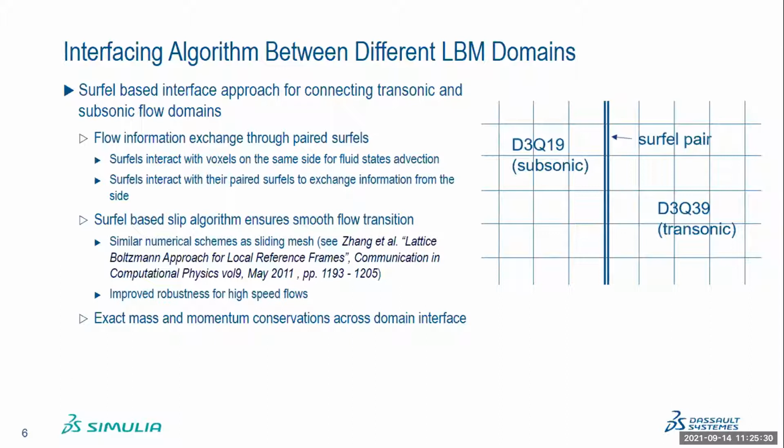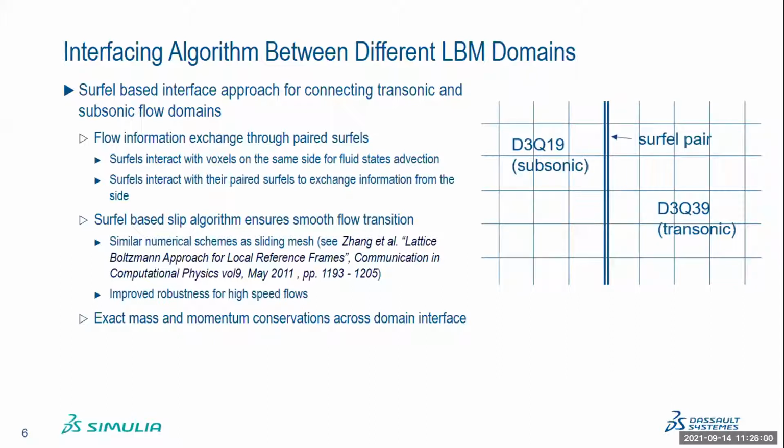The left surfel only interacts with the voxels on the left domain, the subsonic domain, and the right surfel only interacts with the voxels on the right domain. And the information can pass through the surfel interface so that we can ensure the mass and momentum conservation through the surfel.